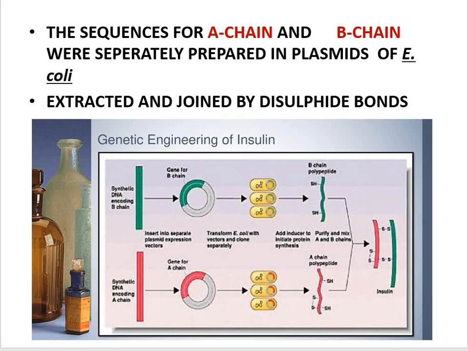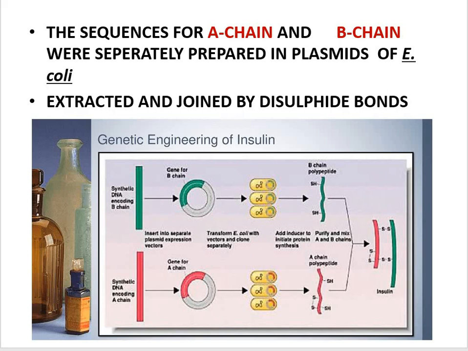Besides, all the problems which were caused because of allergy towards the pig and cattle insulin were solved in this case, because this insulin was very much like the human insulin and showed very good activity in decreasing the levels of sugar and thus controlling the condition of diabetes mellitus, and therefore was a very effective method for controlling diabetes in such patients.